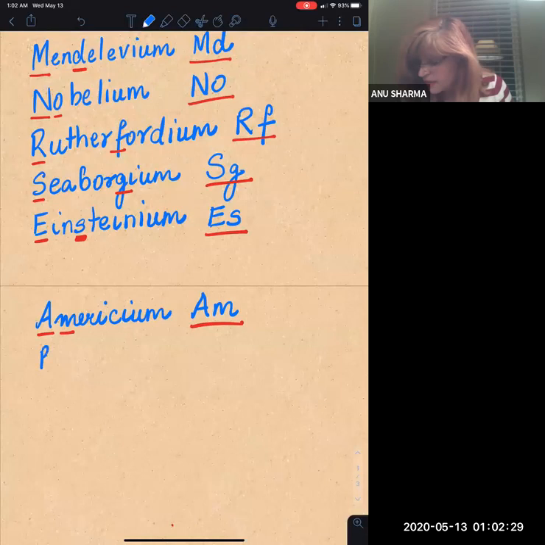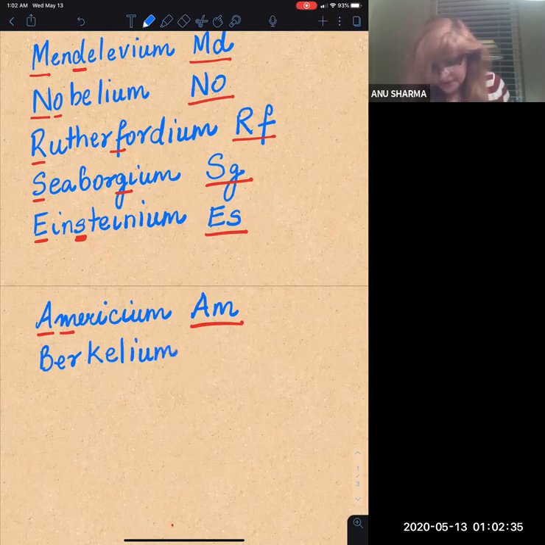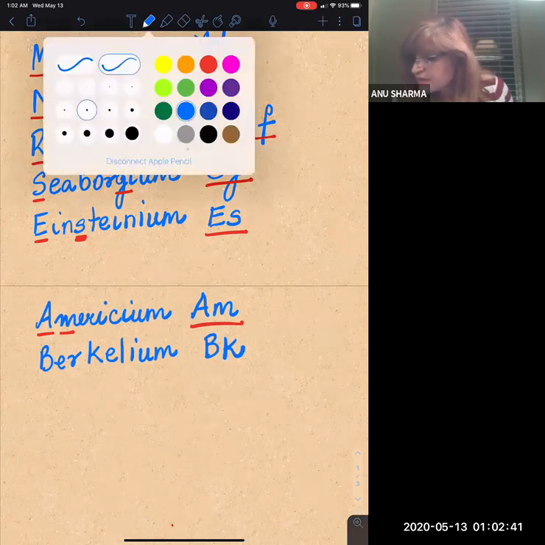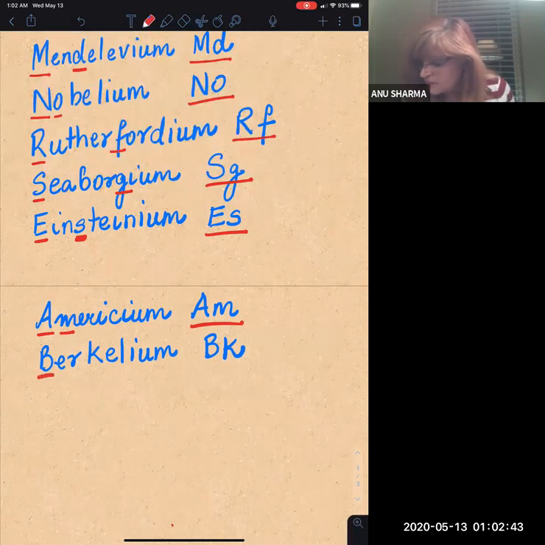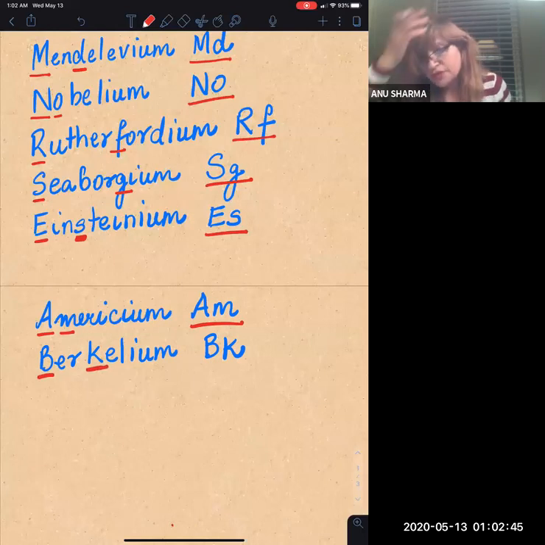Again, let's look at, for example, Berkelium. The symbol is BK: B, the first letter, and then the fourth letter. Okay, Berkelium.